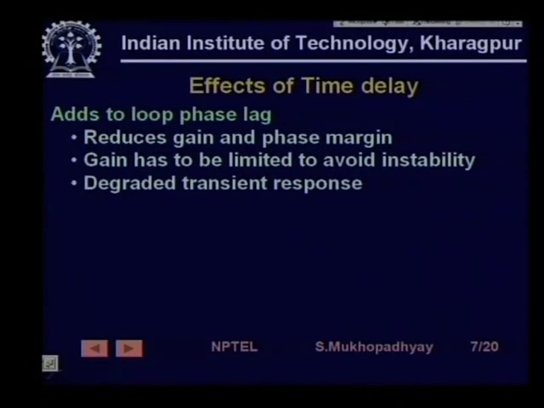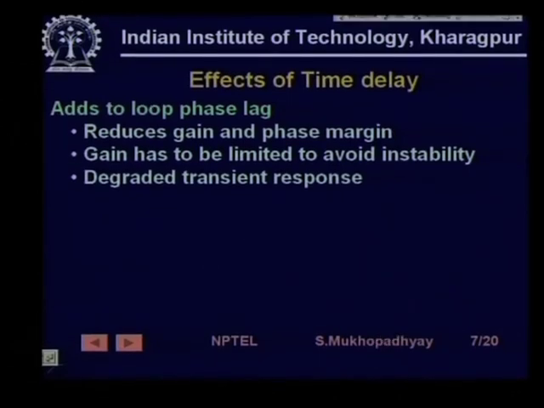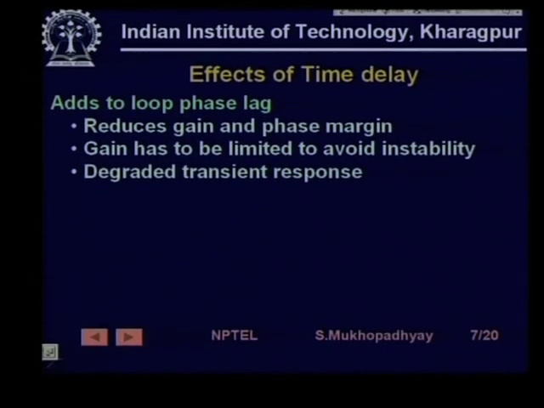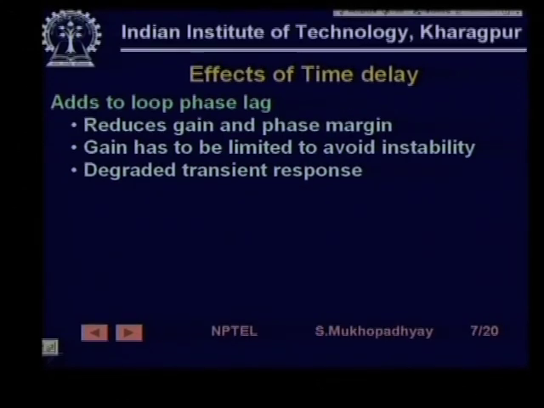Now whenever we use a lower gain, the problem that comes is a degraded transient response. In some cases, for example if you are using a proportional controller and you use a smaller gain, then you are going to get greater steady state error, because in the steady state delay has no effect.